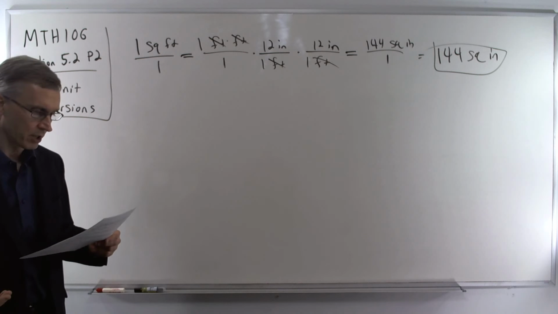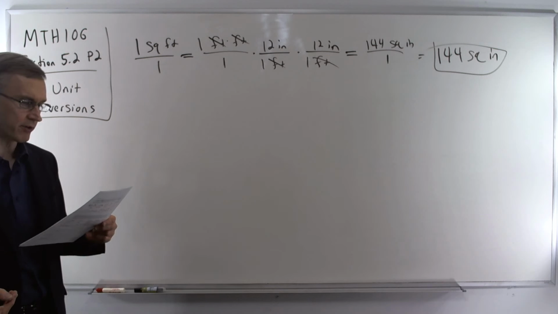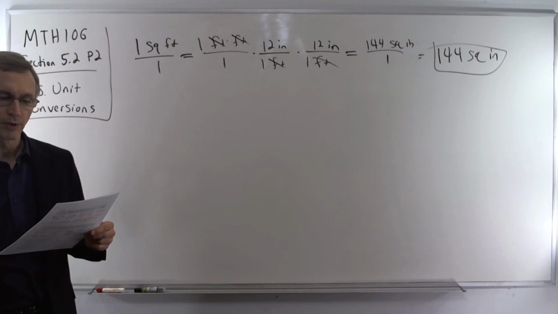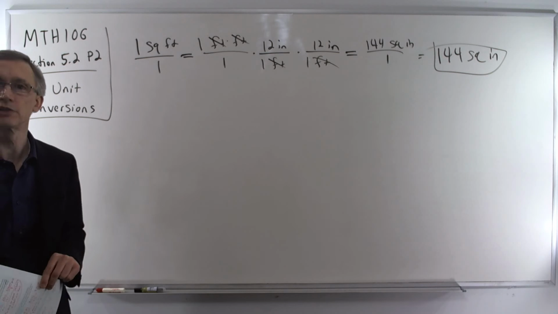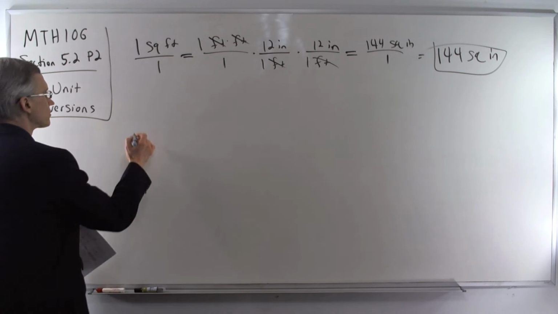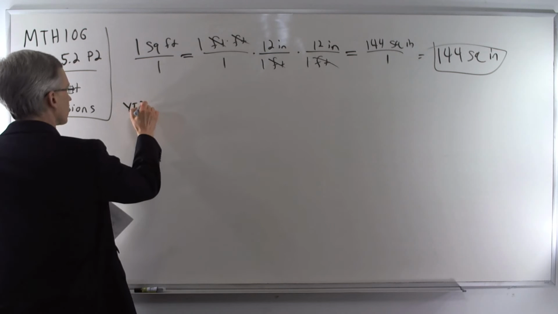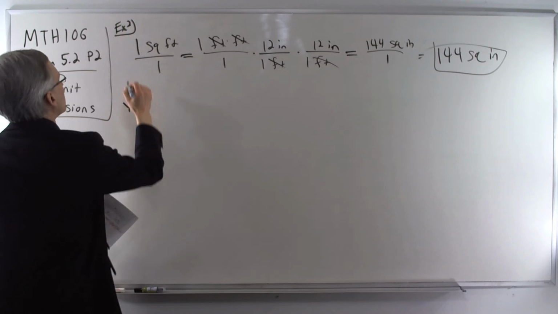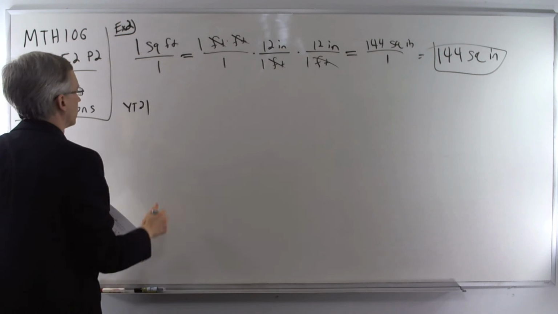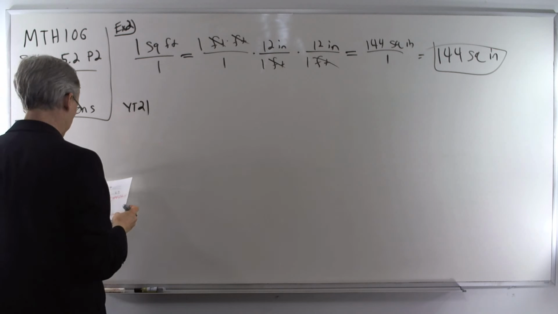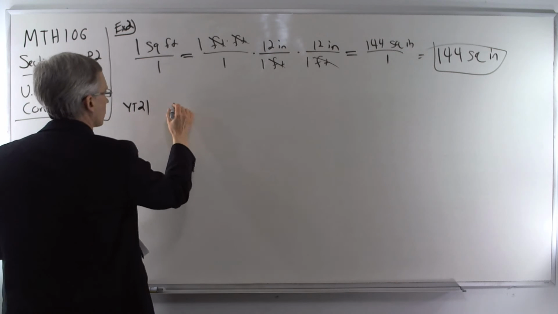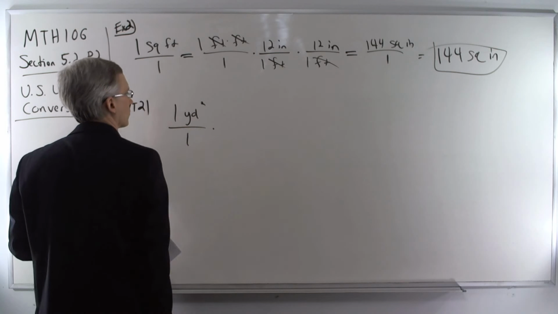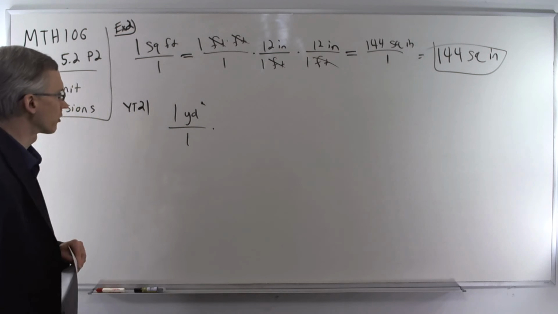So try that out. Your turn number 2. Find the conversion factor between square yards and square feet by converting 1 square yard into square feet. So you've got 1 yard squared over 1.